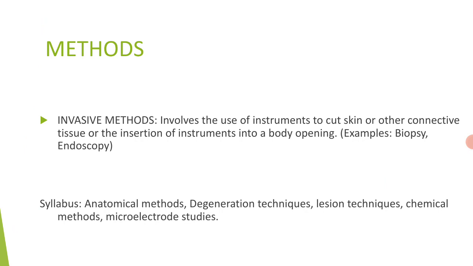One type is known as the invasive methods, and it involves the use of instruments to cut skin or other connective tissue, or the insertion of instruments into a body opening. So invasive methods means where one has to cut skin or the connective tissue, or one has to insert instruments into a body opening. So those are invasive methods.